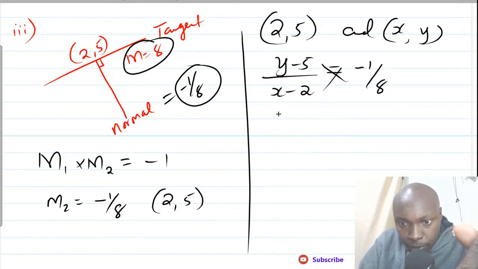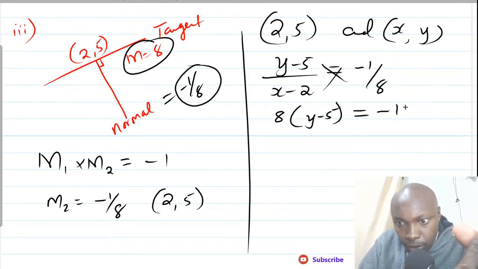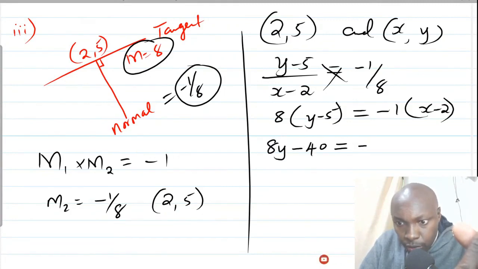Cross multiplying, you get 8(y - 5) = -1(x - 2). This gives 8y - 40 = -x + 2, so 8y = -x + 42.